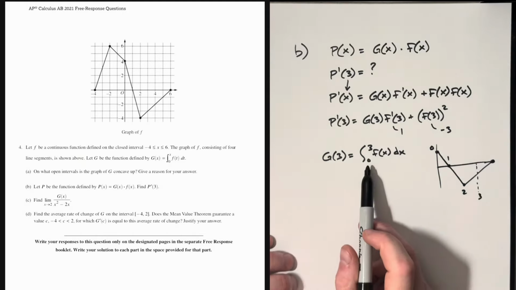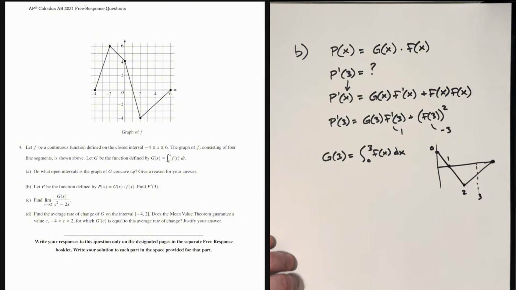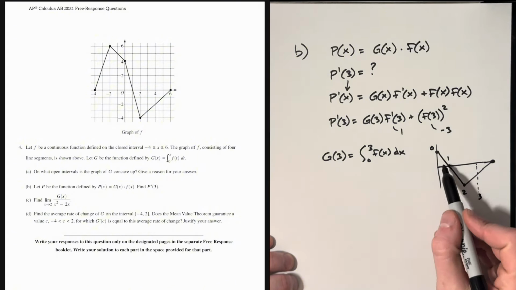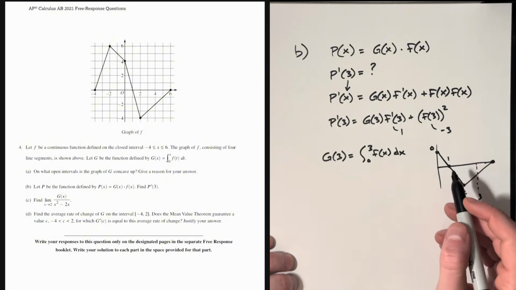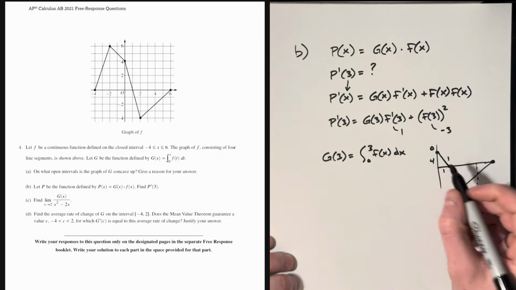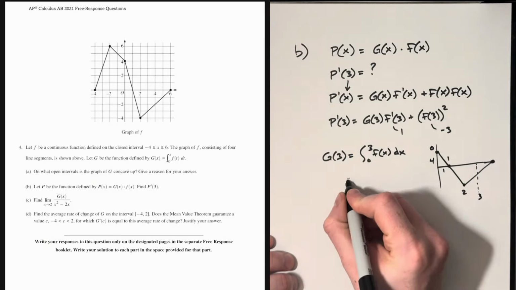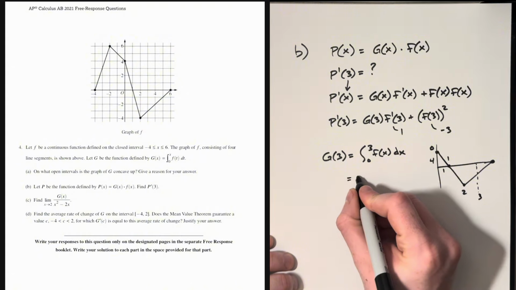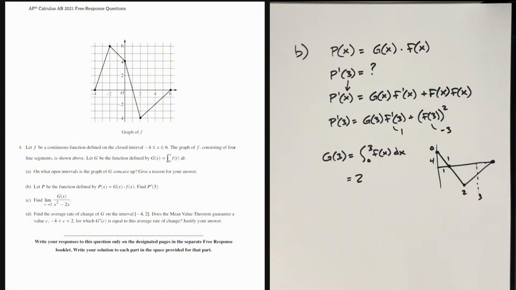So to find this integral, that'll just be the area under the curve. Well, this first triangle has a height of 4 and a base of 1. So it has an area of 2. It is above the x-axis, so it will contribute positively.